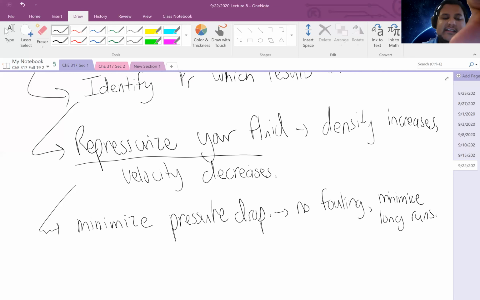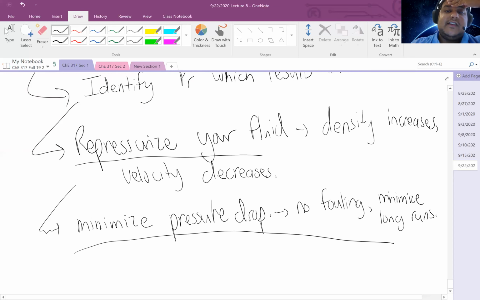At the same time, you want to maintain your flow pipelines so that you don't have unanticipated pressure drop, which is going to push you into that choked flow system. Those, I would say, are the two most common things to consider in order to avoid choked flow from occurring.